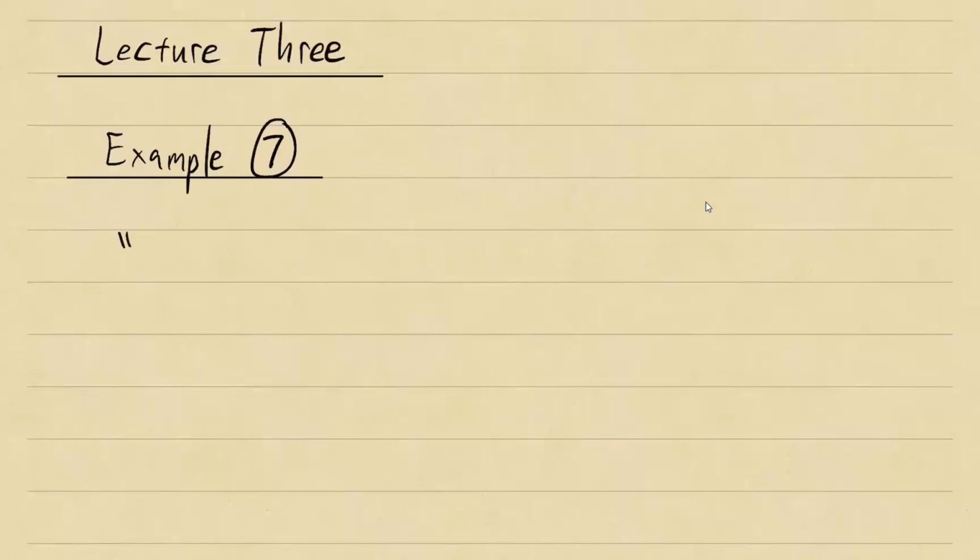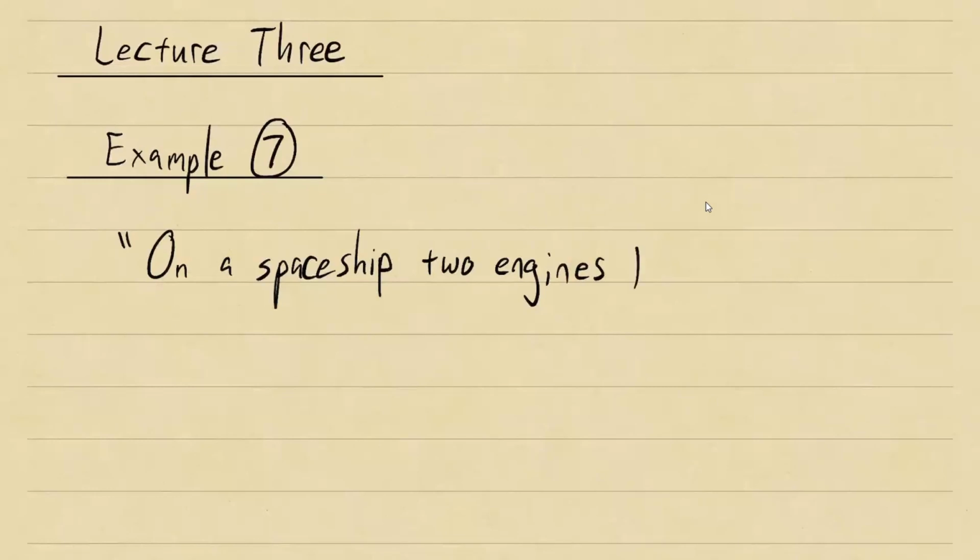All right, so example 7 talks about a spaceship. So on a spaceship, 2 engines fire for a time of 565 seconds.